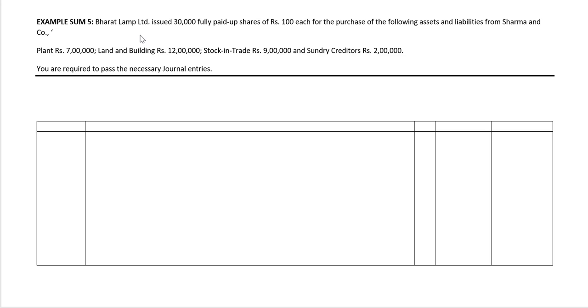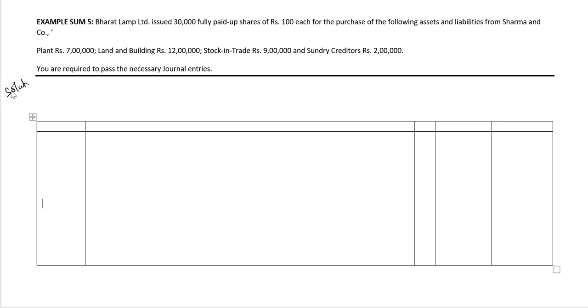Bharat Lamp Limited issued 30,000 fully paid shares of rupees 100 each for the purchase of the following assets and liabilities from Sharma and Company. Plant rupees 7 lakh, land and building rupees 12 lakh, stock in trade rupees 9 lakh, and sundry creditors rupees 2 lakh. You are required to pass the necessary journal entries.